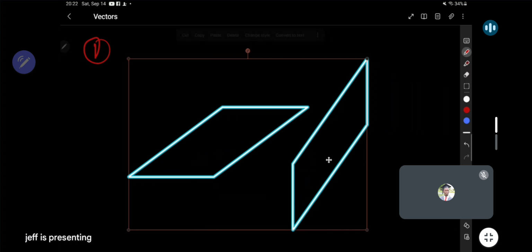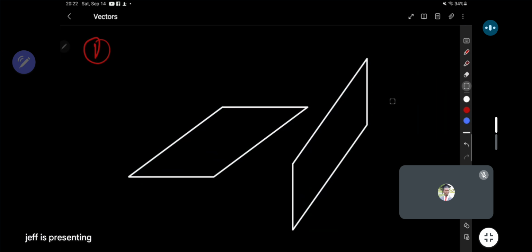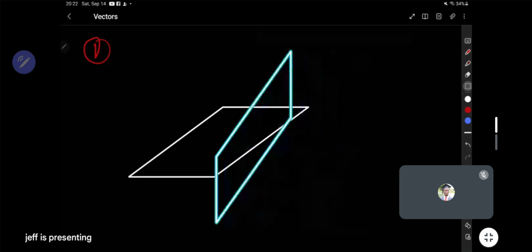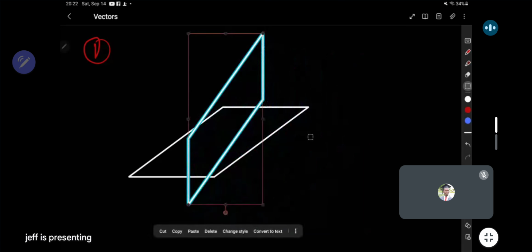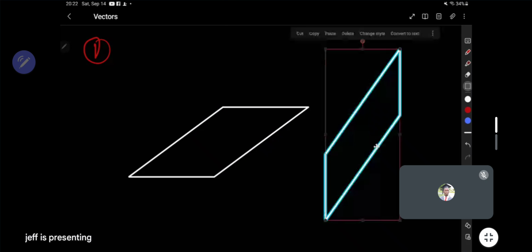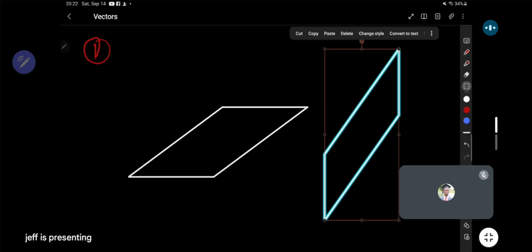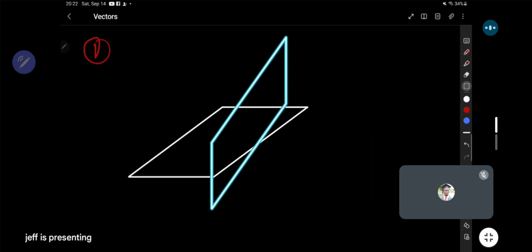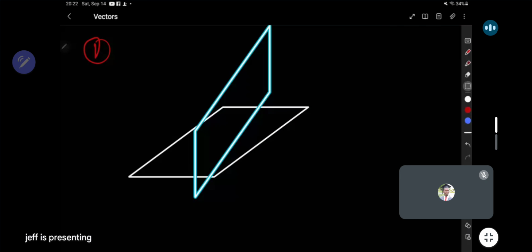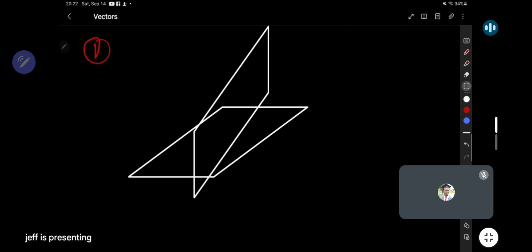If these are the two planes and they intersect, then what we'll probably observe is the space, or the point where the two planes intersect. So I'm trying to draw this so that it makes sense. But of course, it's easier said than done.